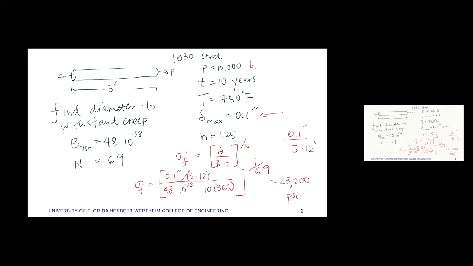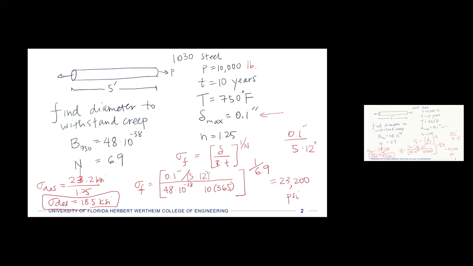They want us to incorporate a safety factor of 1.25. So we're going to divide that really quick to get our design stress. So it's 23.2 KSI divided by 1.25. The design stress we're aiming for is about 18.5 KSI.